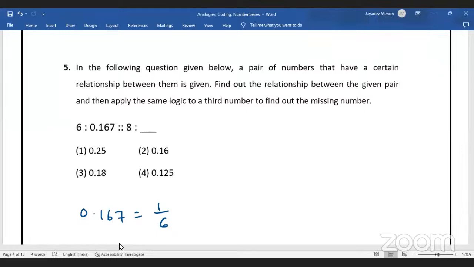In the same way, here we will have 1 by 8. 1 by 8 is 0.125. So option 4. First one is 6 and 1 by 6. So the next pair should be 8 and 1 by 8. 1 by 8 is 0.125. Next one.